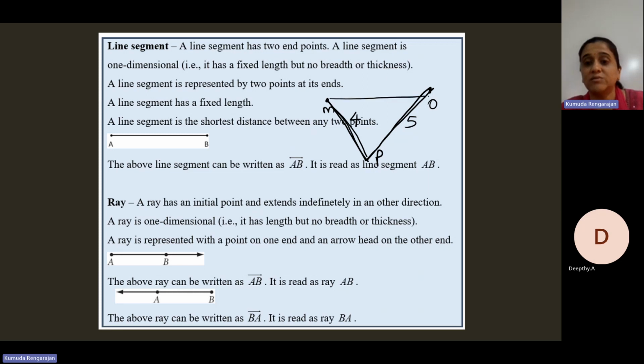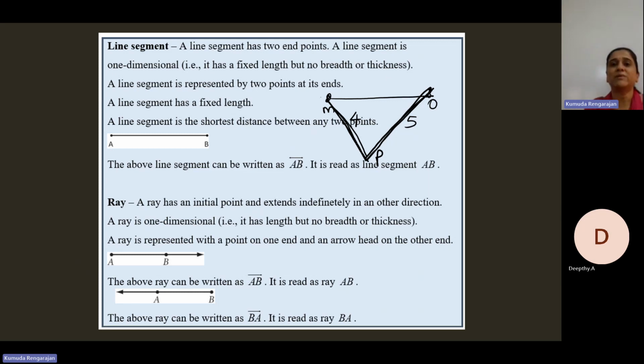But that is not the distance between M and O. Where were you initially? At M. Where is your final position? O. The total distance you covered is 4 plus 5, 9. But that is not the distance between M and O.